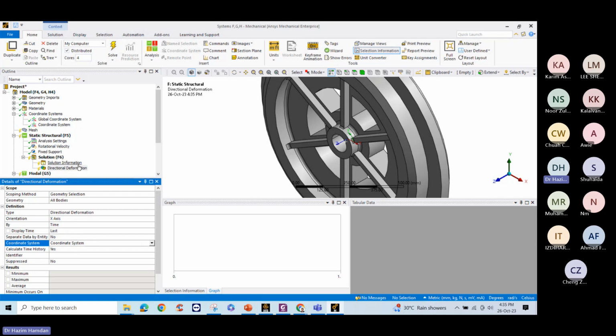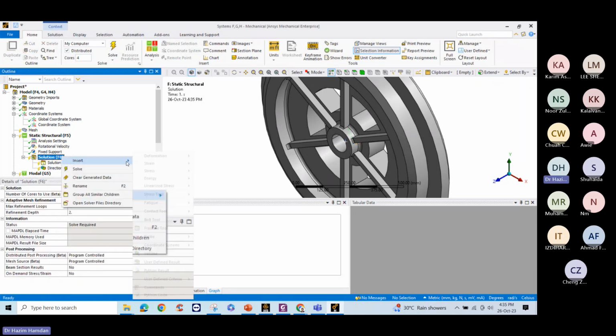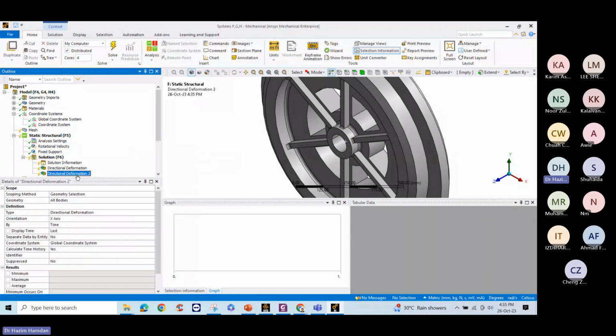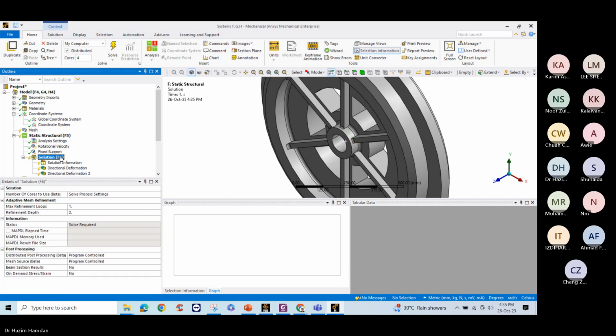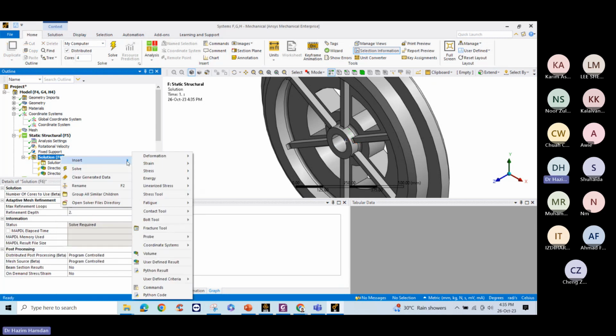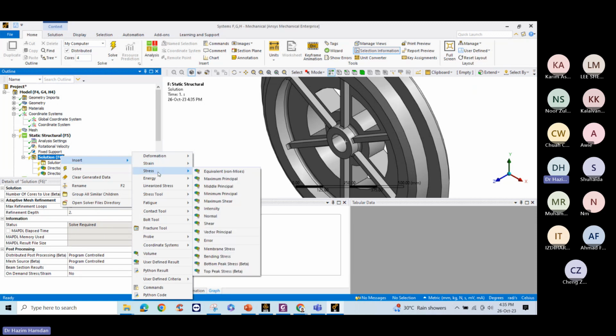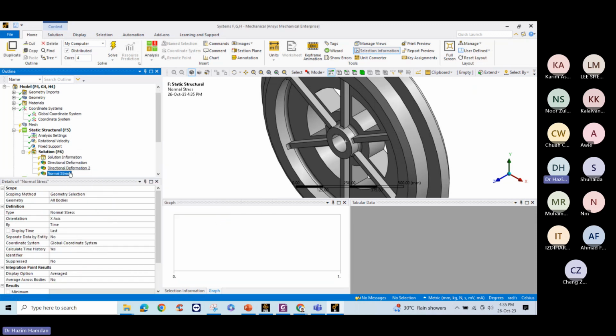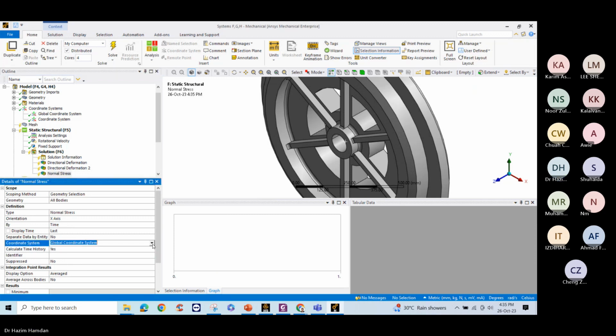And then I will set another one is for Y. Change to coordinate system. And then I also would like to determine the normal stress. So just repeat the same.